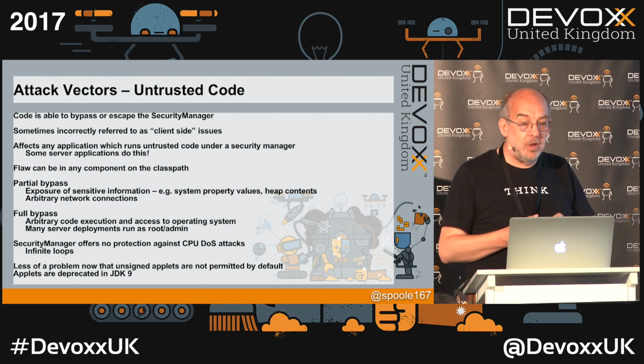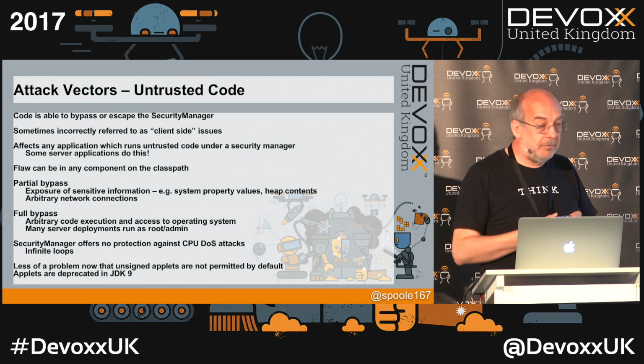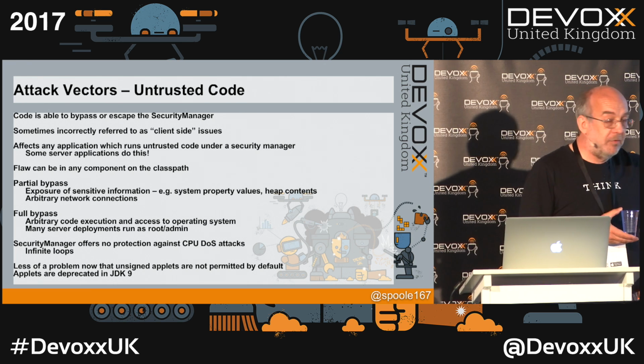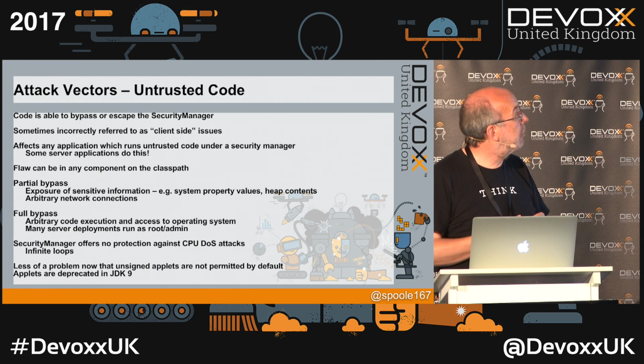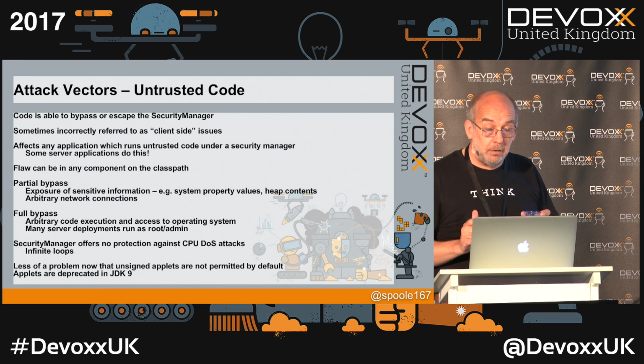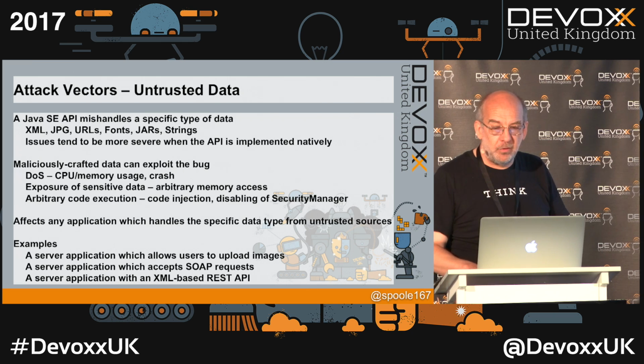Vulnerabilities that let you run things as root, right? And the only really good news is, of course, with applets going away, a lot of those attack vectors are being removed. But untrusted code is still potentially possible, right? So in the interest of time, I'll move on from that one.